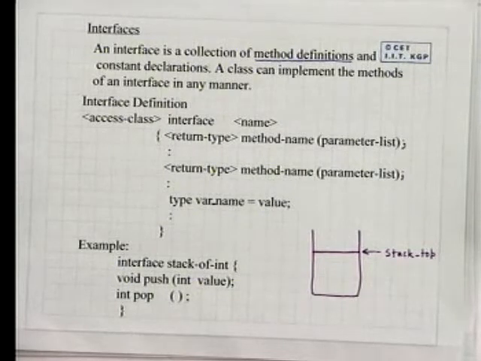However, when we implement the methods of an interface which has inherited methods from another interface, then all the methods must be implemented in the class which implements the interface which is lower down the hierarchy.